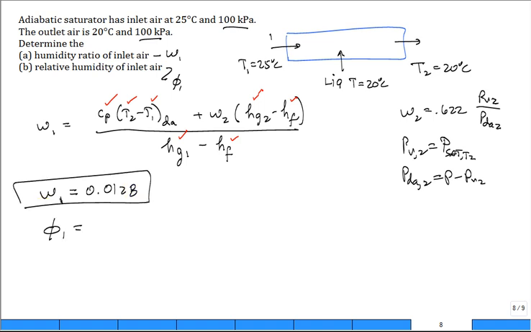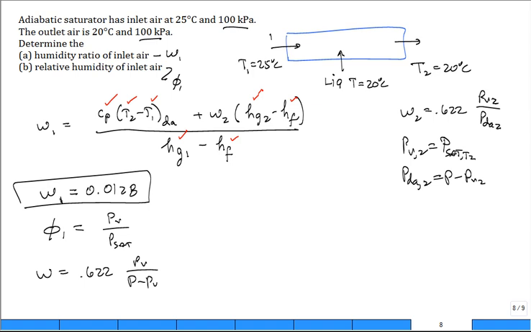How do you calculate phi 1? So it's the PV over the P sat. How do I get PV? This is a challenge. In the interest of time, I'll say that you have to unravel the humidity ratio equation, that omega is equal to 0.622 times PV over P minus PV. Now I know omega and I know P, but I don't know PV from that equation.